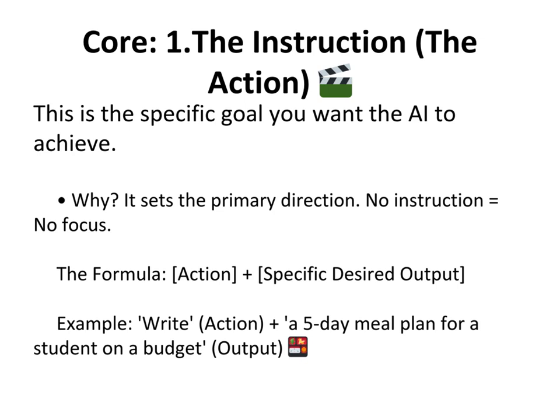In this instruction, write is the action verb, and a 5-day meal plan for a student on a budget is the specific desired output that makes up the instruction in the core components. Let's get into the next.